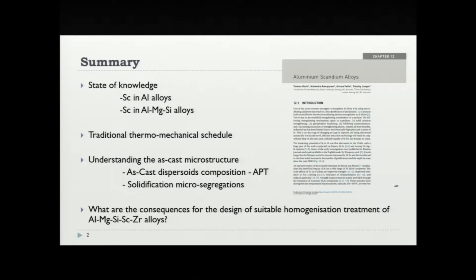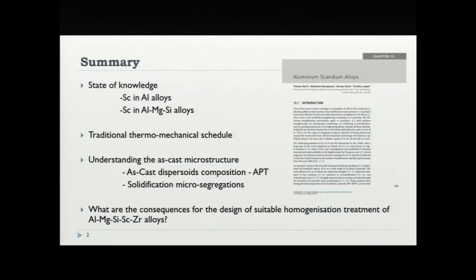So then after this literature, or look at the prior work, we go into the details of the results. First, we'll look at a traditional thermomechanical schedule for wrought aluminum alloys that contain dispersoid formers. Then we'll move into trying to understand this ASCAS microstructure.